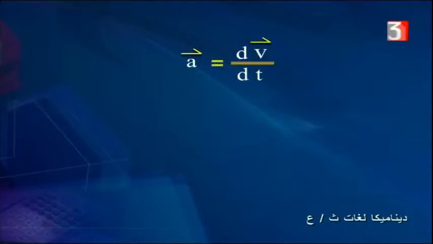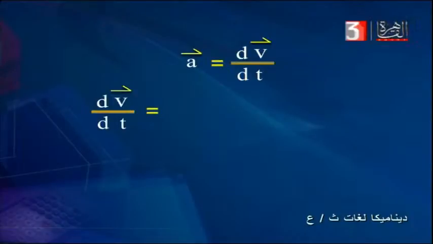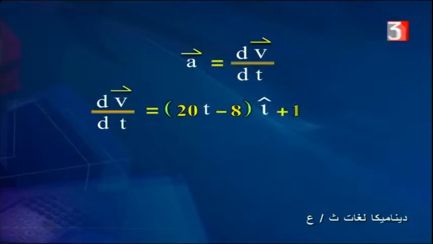And we know that the acceleration A equals dv dt. Vector A equals derivative of vector v with respect to the time t. Then the derivative of vector v with respect to time t equals (20t minus 8) in direction i plus 16t in direction j.